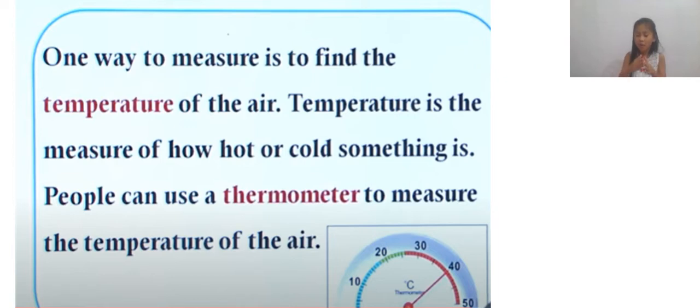When we read that word slowly, you can hear all the syllables. But when I read it the fast way, it sounds like temp-ra-ture, as if we take out the syllable per.